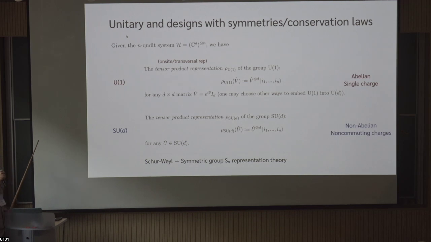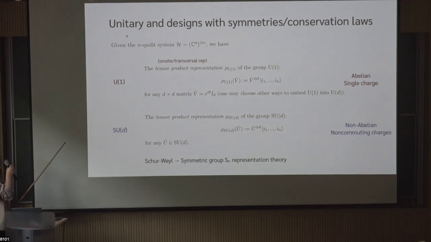Okay, then here I'll try to cover the second part, the symmetric unitary, rather quickly. So the general framework is that before, we were considering notions like designs over the unitary group.